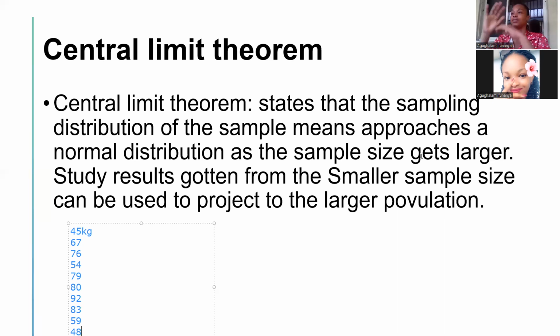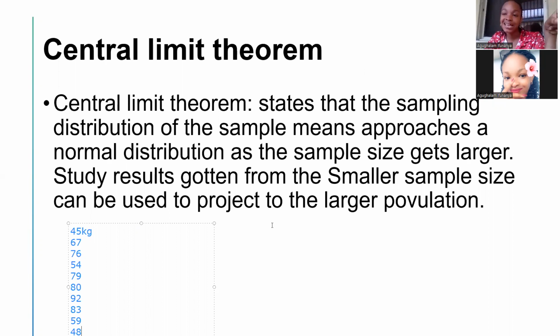But it's not that they got the blood pressure of almost everybody. No, what they did is that they did a random sampling to pick up some study participants. After that, they measured their blood pressure and they did sampling with replacement. They did it again, got the means and everything.